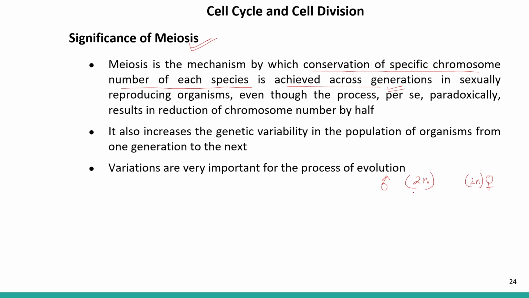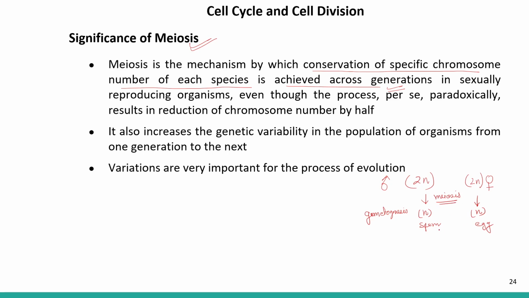And in the reproductive organs, the gametogenesis process takes place and they form gametes. That is also n. Egg, and that forms sperm. Right? So this occurs by meiosis division or the reduction division.